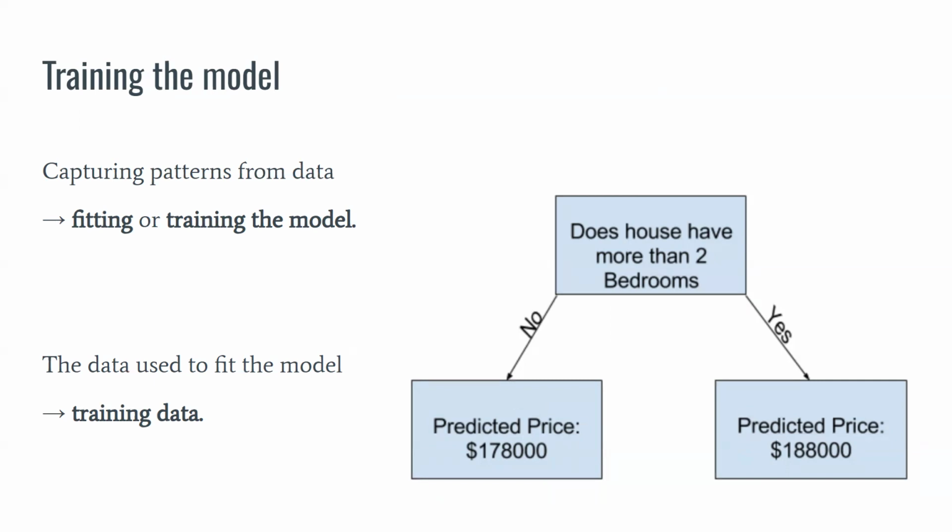This step of capturing patterns from data is called fitting or training the model. The data used to fit the model is called the training data. And after the model has been fit, you can apply it to new data to predict prices of additional houses.